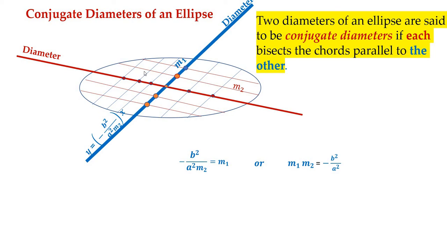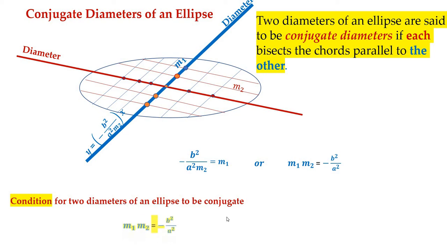So if we have a system of parallel chords having slopes m1 and m2, the condition for the two diameters to be conjugate is that m1 m2 should be equal to minus b square by a square.